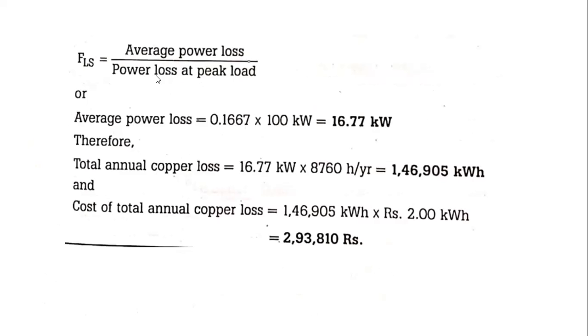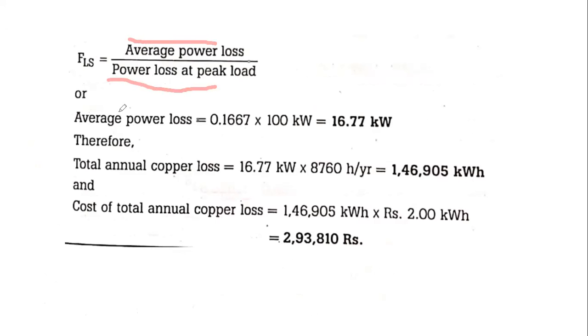Then that loss factor is equal to 0.167 into power loss at peak load. What is that formula? FLS is the loss factor, which is average power losses by power losses at peak load.